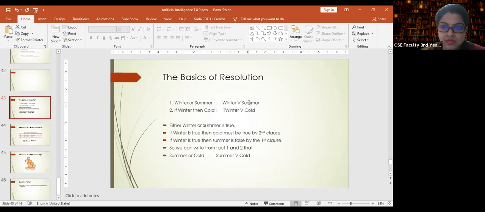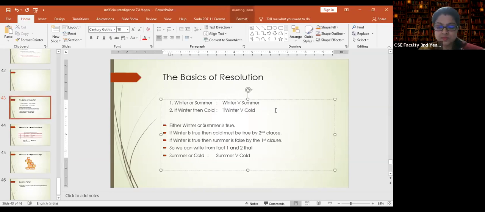For example, if winter then cold, we write winter implication cold. To remove this implication sign, we can use not winter or cold. Similarly, we can use many basic things.